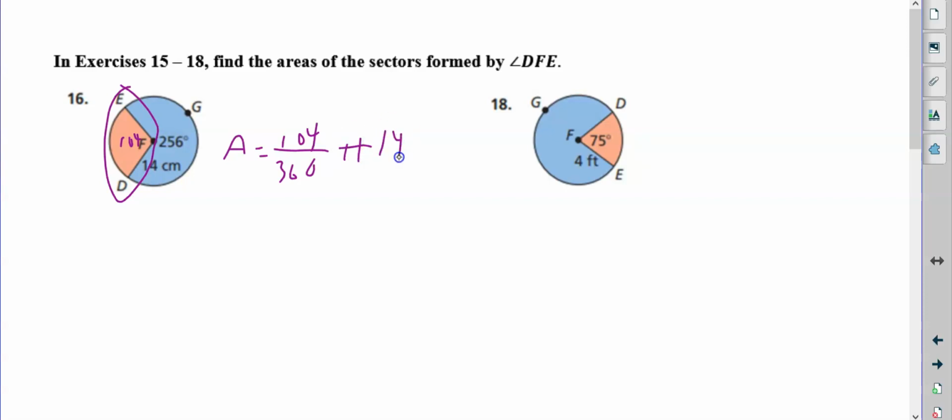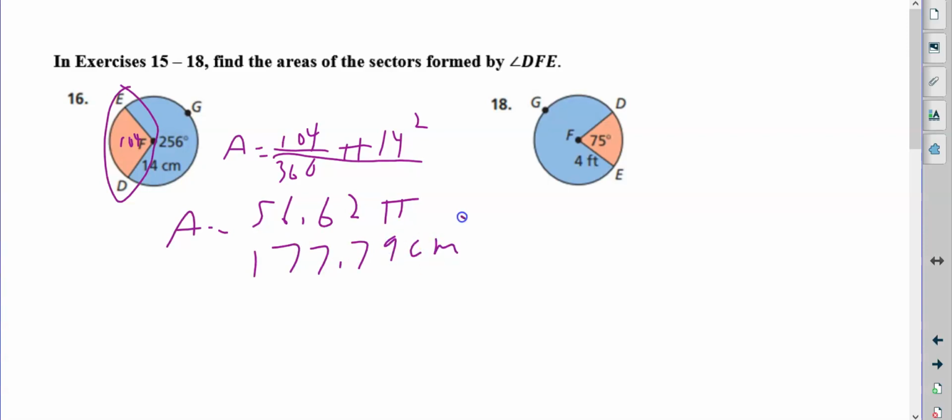And we already know what that is. So we just plug in our numbers. And now we just literally number crunch. So you can just do 104 times pi times 14 squared, then divide by 360. And what we get is 177.62 pi, or 177.79 centimeters squared.